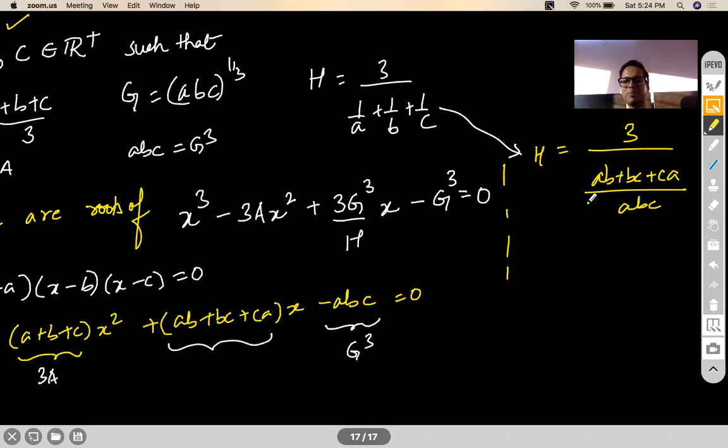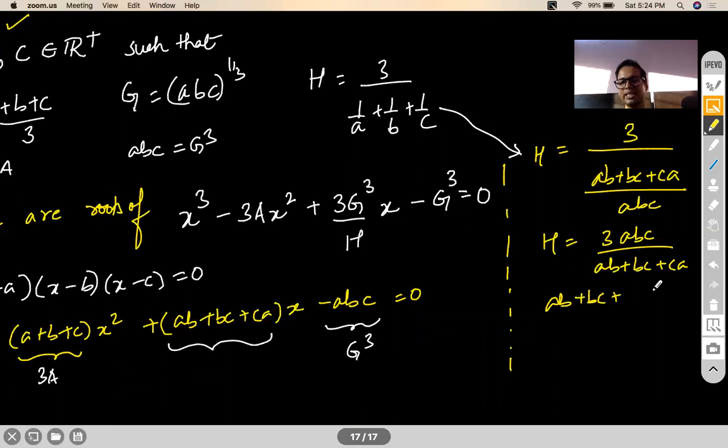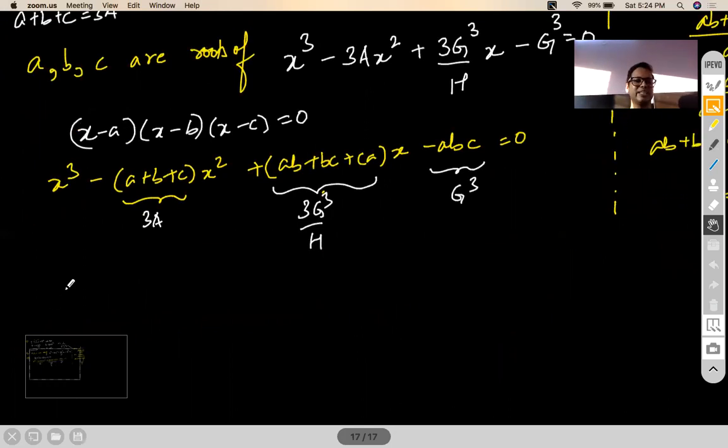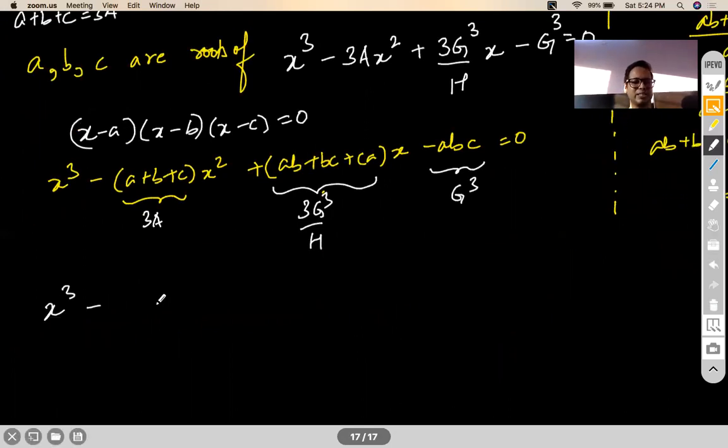So abc will go up, and from here I can say ab plus bc plus ca is 3abc by H. That is nothing but 3G cube by H. So this proves the required equation is going to be this.